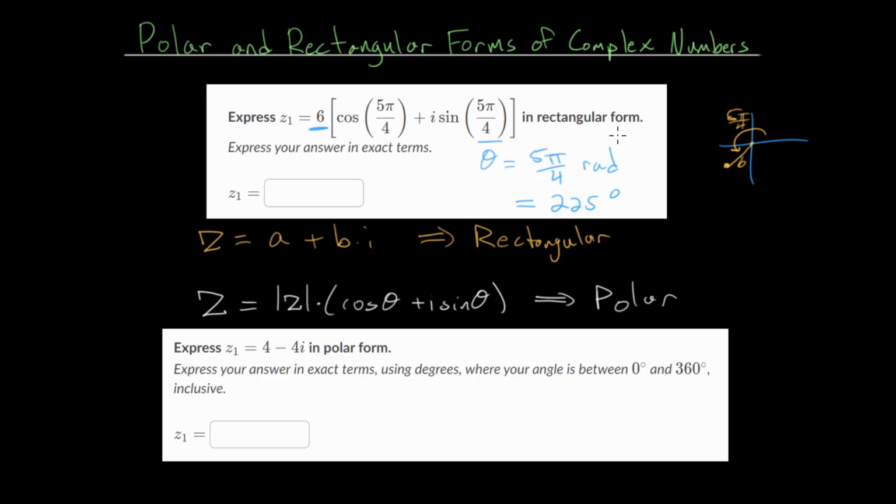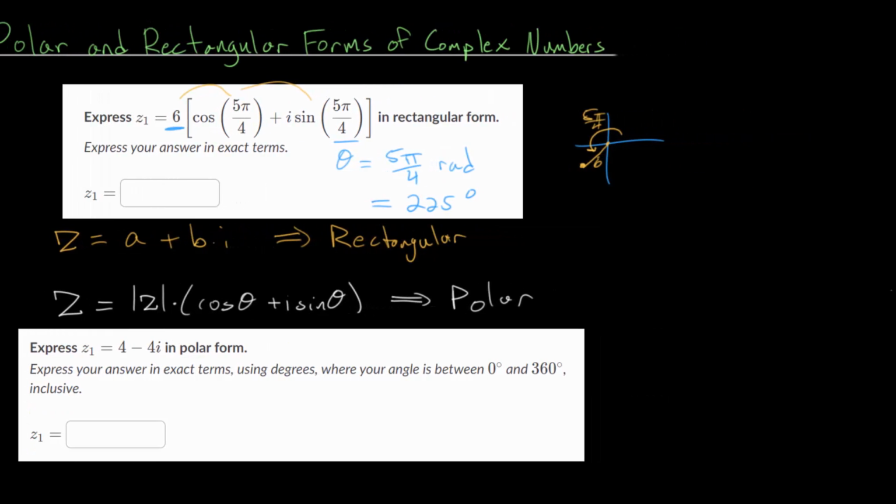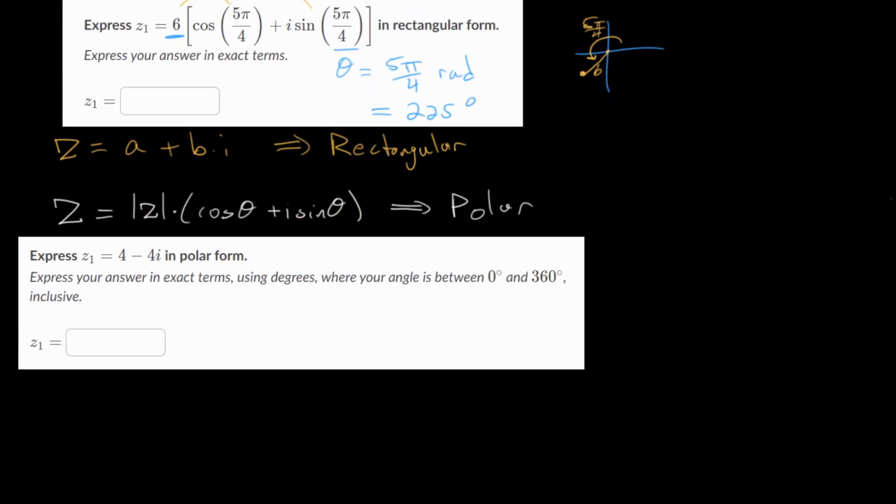Now we need this in its rectangular form, and to do so we will essentially just simplify or evaluate this expression. So we can start by distributing the 6 to each of these, and let me make a little bit more room so that we can work this out.